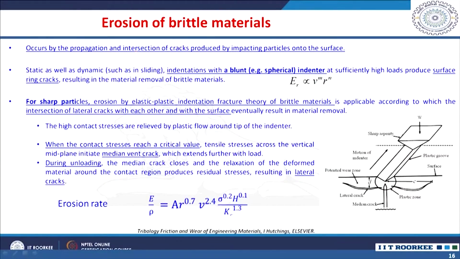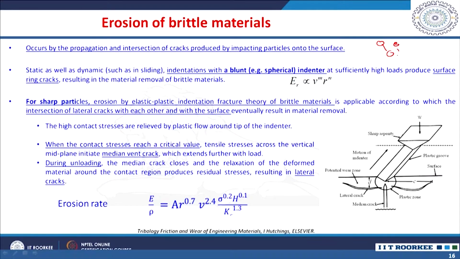Now, if you look at erosion of a brittle material, it tends to fracture easily by the propagation of a crack, right. So, erosion of brittle materials occurs by the propagation and intersection of cracks produced by impacting particles on the surface.